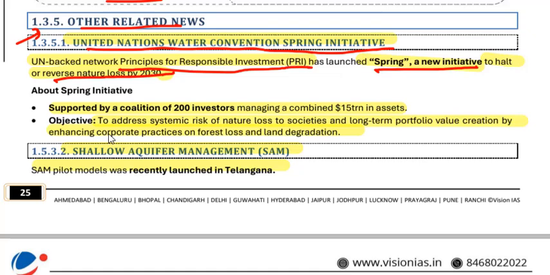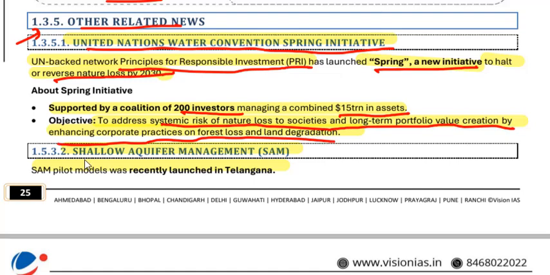This will be done by the investment of a large amount of money. It is supported by a coalition of 200 investors managing a combined 15 trillion in assets. The objective is to address the systemic risk of nature loss to societies and long-term portfolio value creation by enhancing corporate practices on forest loss and land degradation. It is for restoration. Just need to know Spring, a new initiative, nothing else.